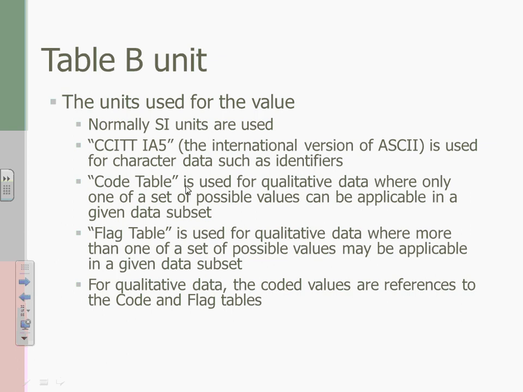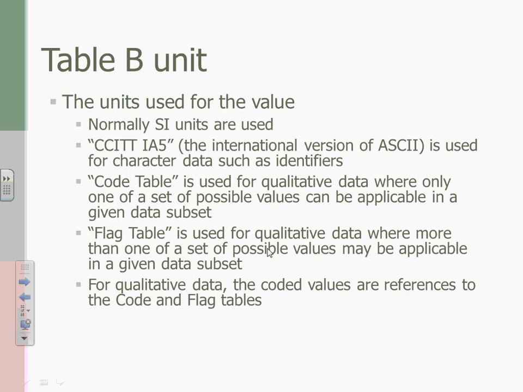The unit used for the value is normally SI units. The international version of ASCII is used for character data, such as identifiers. Code table is used for qualitative data, where only one of a set of possible values can be applicable in a given data subset.